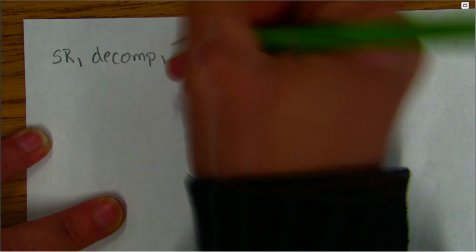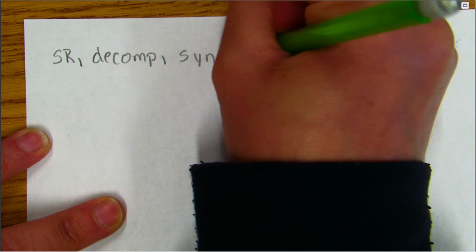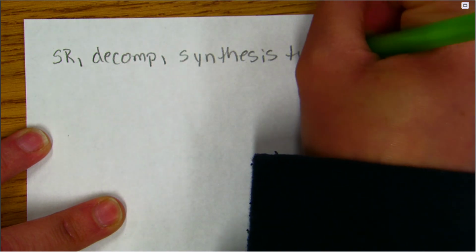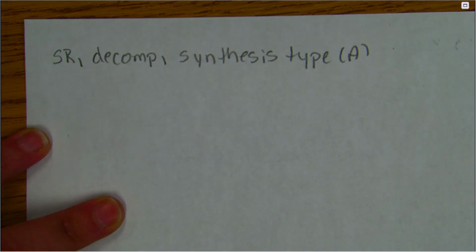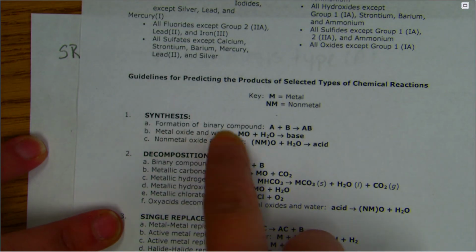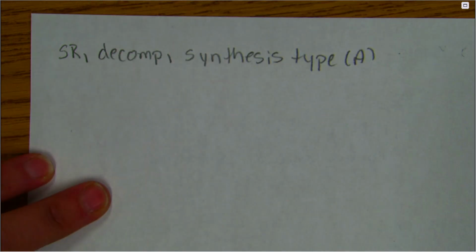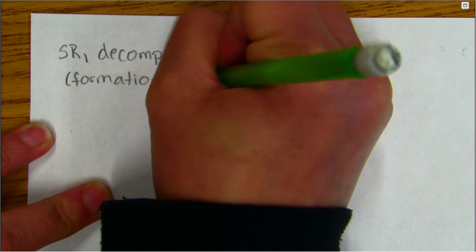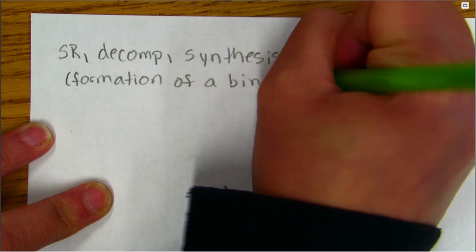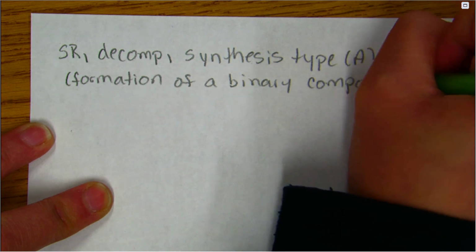Now that we know what redox reactions are, single replacement, decomposition, and synthesis type A, if you remember, synthesis type A is the formation of a binary compound, are redox reactions.